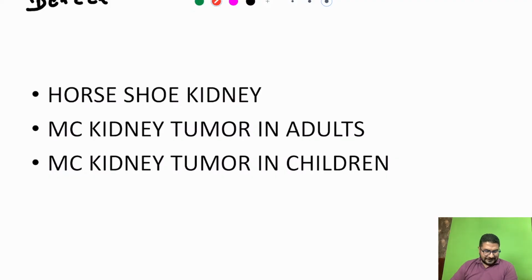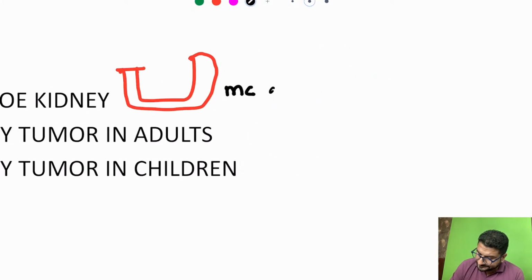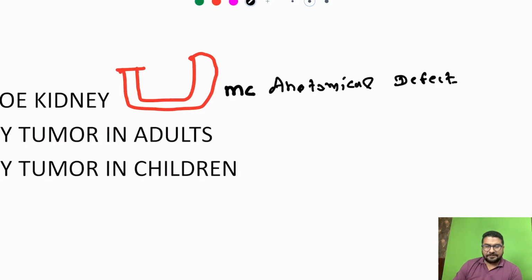Horseshoe kidney. So understand this thing. Horseshoe kidney means if you see these kidneys, they are fused at the lower poles. In such a kidney there is not much problem. This is one of the common, I can say it is the most common anatomical defect of the kidney. So there is not much problem, just the patient repeatedly gets stones. In IVP, intravenous pyelogram, you will call this a flower vase appearance.